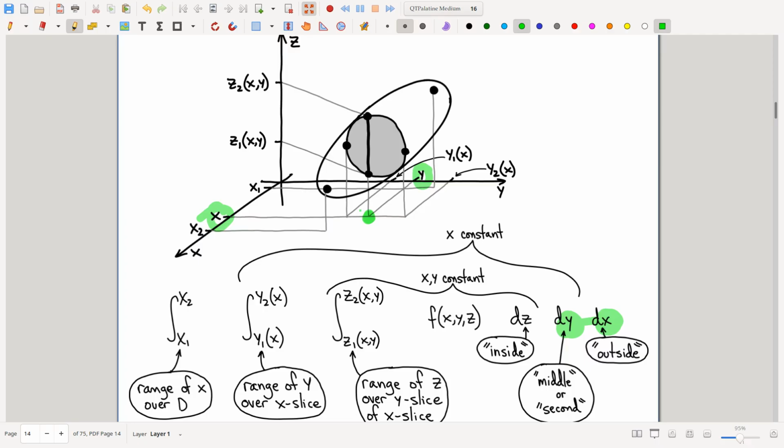For that fixed x and that fixed y, you might think of that as a y slice of our x slice. Now we move on to asking the next question, which is, let's think about what is the lower bound for z. The lower bound for z is going to come from that point, right? It's going to depend on where that starting point for z is as I move along that green slice.